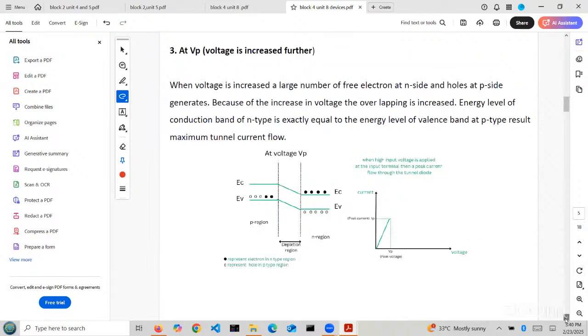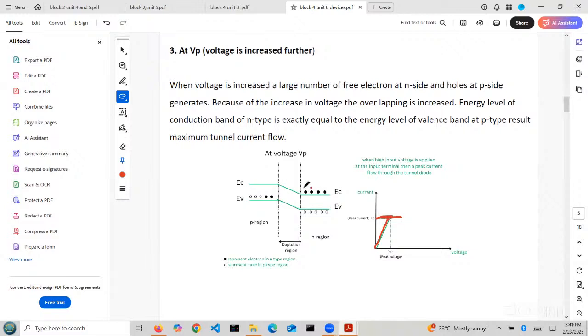Next, I'm increasing voltage. Up to which level did I increase voltage? The voltage is increased up to the peak level. Some of the electrons here are shown with dark dots. How many electrons here do we have? 4.